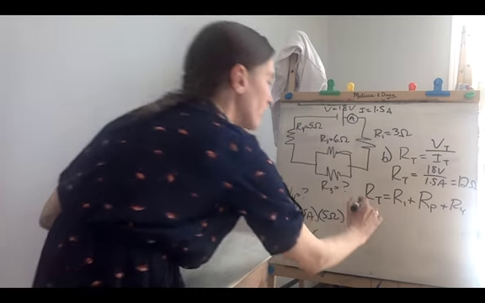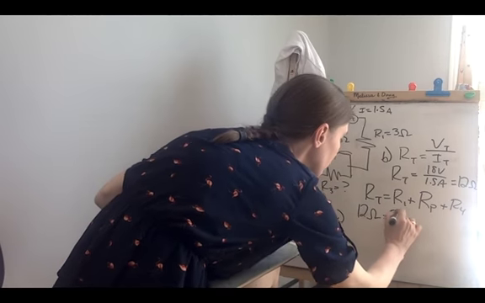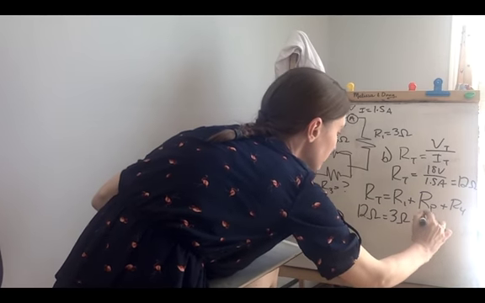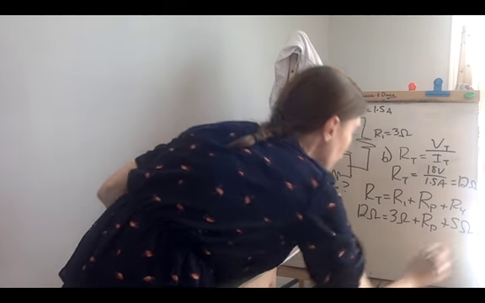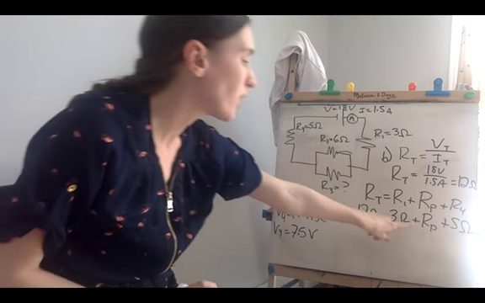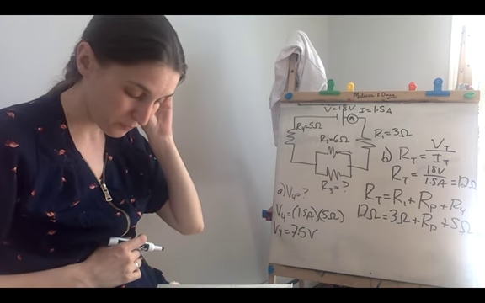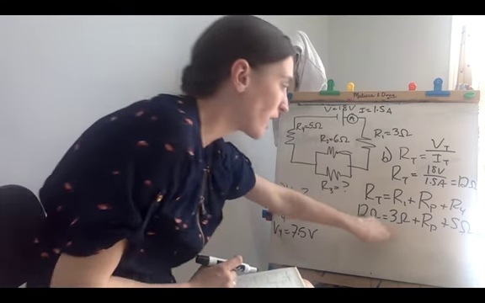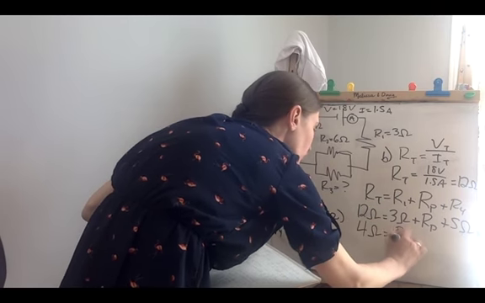So this 12 ohms is 3 ohms plus the resistance from the parallel section plus 5 ohms, which means RP equals 4 ohms, because we're just subtracting 3 and 5 from 12.